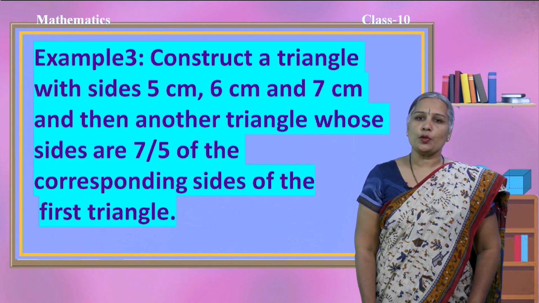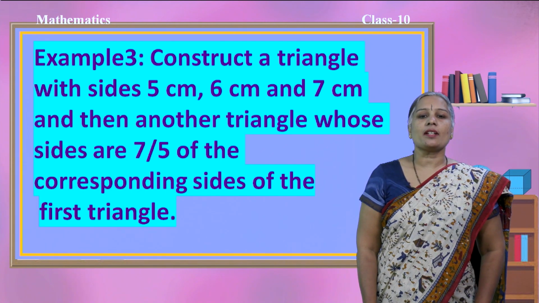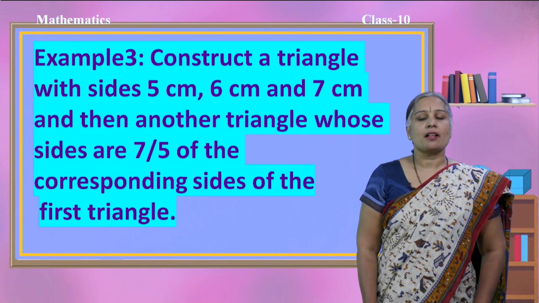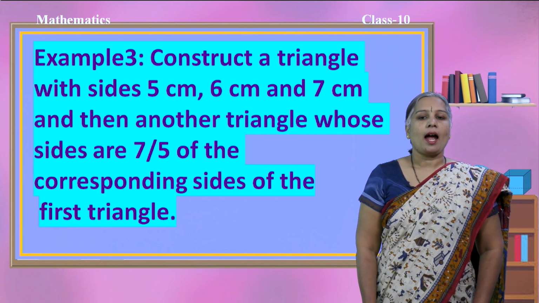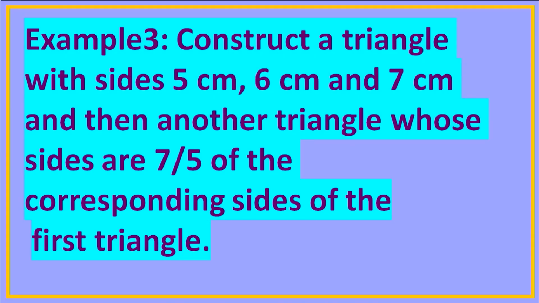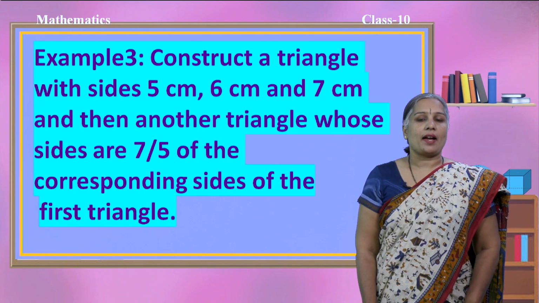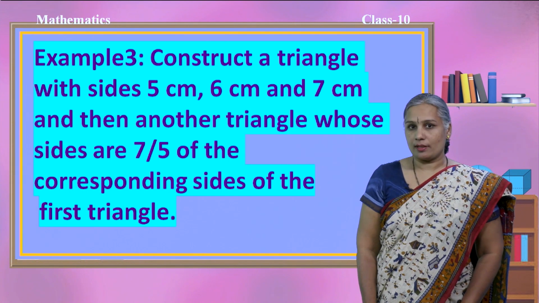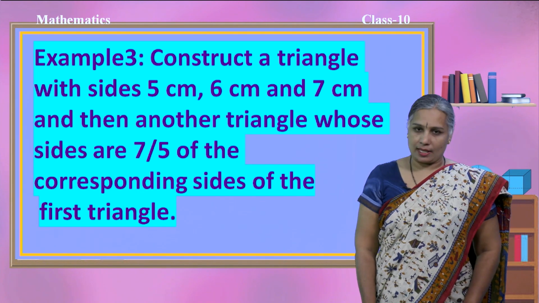Now we will move to the next example, which says that construct a triangle with sides 5 cm, 6 cm and 7 cm, and then another triangle whose sides are 7/5 of the corresponding sides of the first triangle. It means first we have to construct a triangle of sides 5 cm, 6 cm and 7 cm, exactly as we did in the previous example.